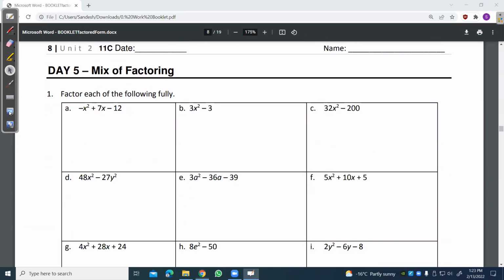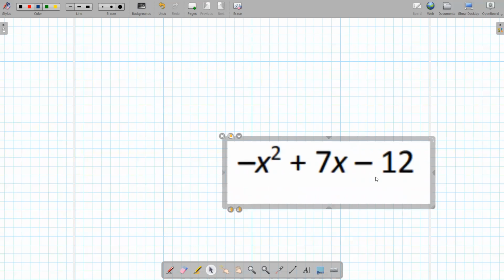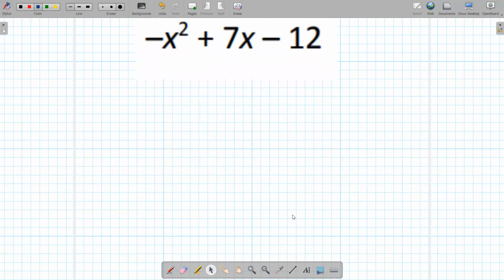All right. Now for this one, you see it's a mix, so you may have to use multiple strategies. What do we do here?